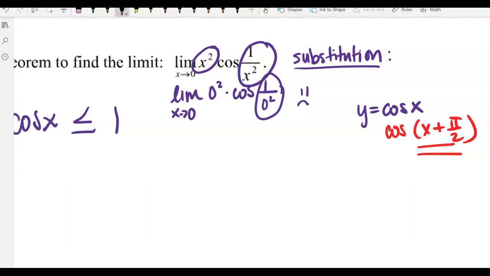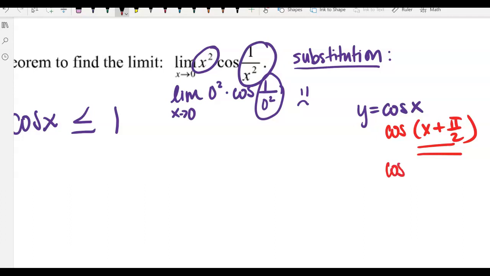No, because that's a horizontal translation, right? So if it's a horizontal translation, it's not changing the range at all. But we're doing cosine. Okay, so it's not changing.